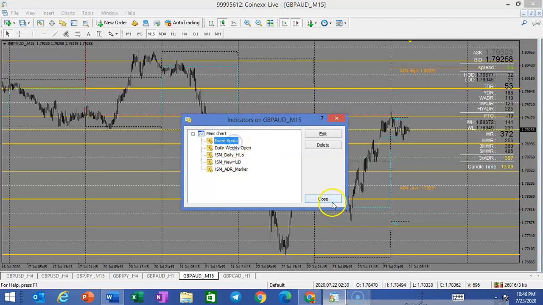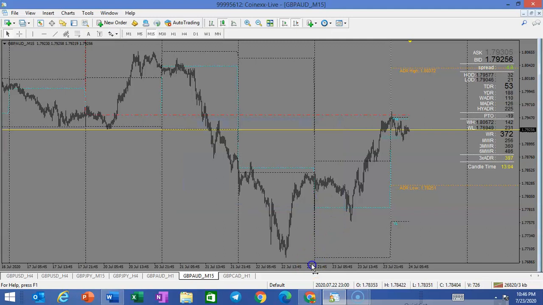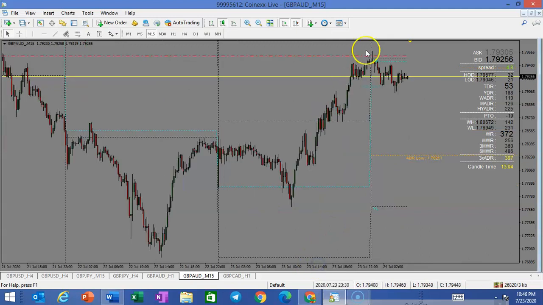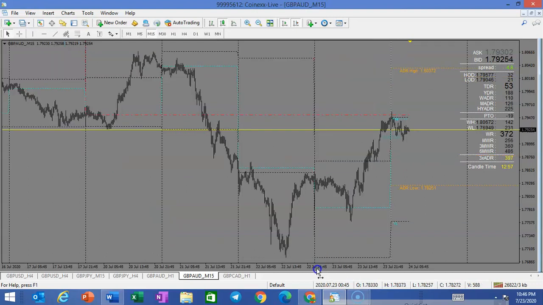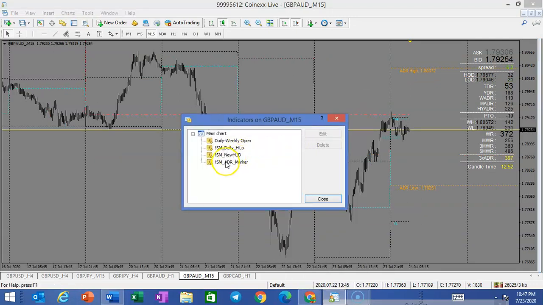I'm sorry, sweet spot. I can delete that, so I just see my daily open close and high low indicator. Or, I mean, you can add and remove indicators at your own will.